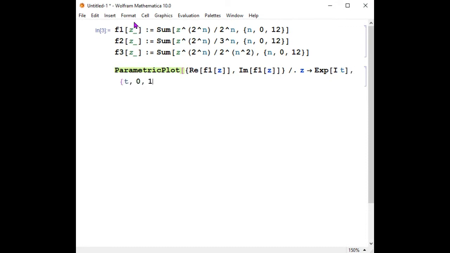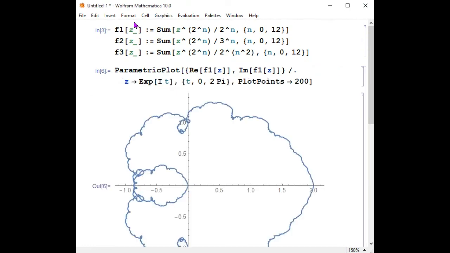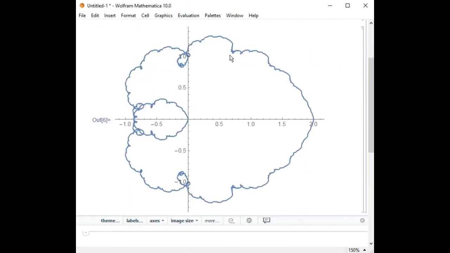And I'm going to plot this from 0 to 2 pi. All right, so, and let me plot a lot of points. I'm going to plot 200 points. All right, and this is what we get.